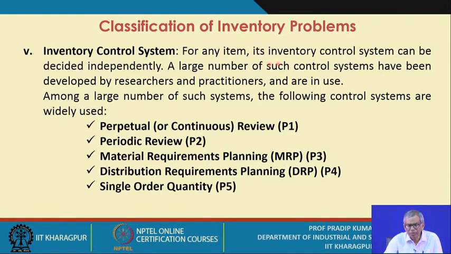So for any item, its inventory control system can be decided independently. A large number of such control systems have been developed by researchers and practitioners throughout the world. Many of them find a place in textbooks on inventory management, and they are in use in different companies you visit. All are useful.